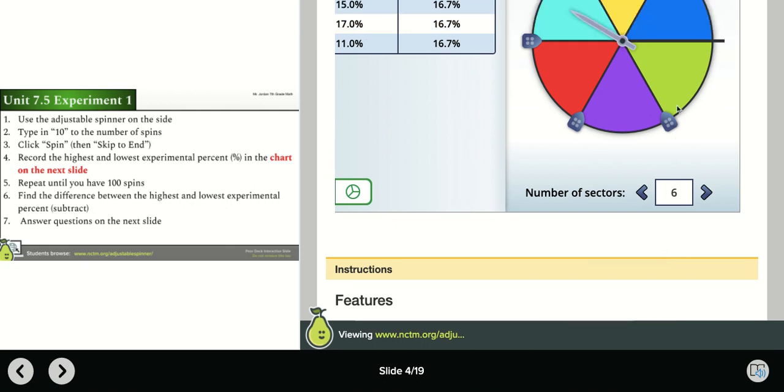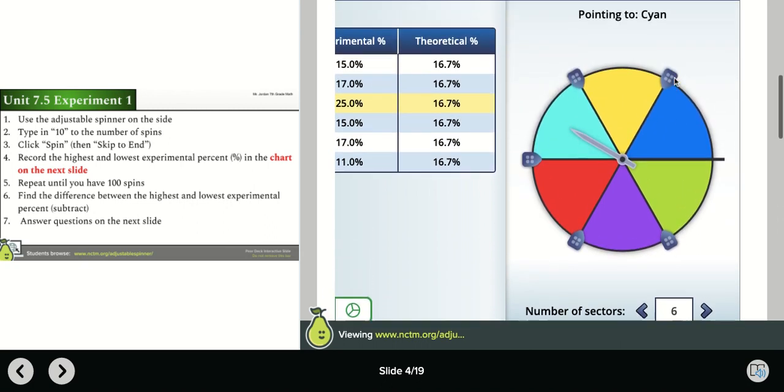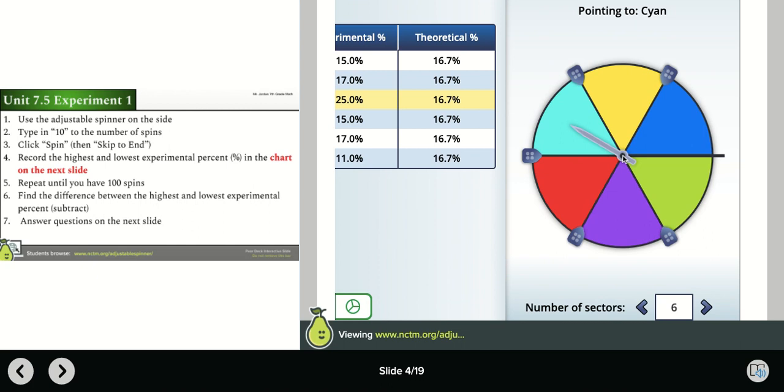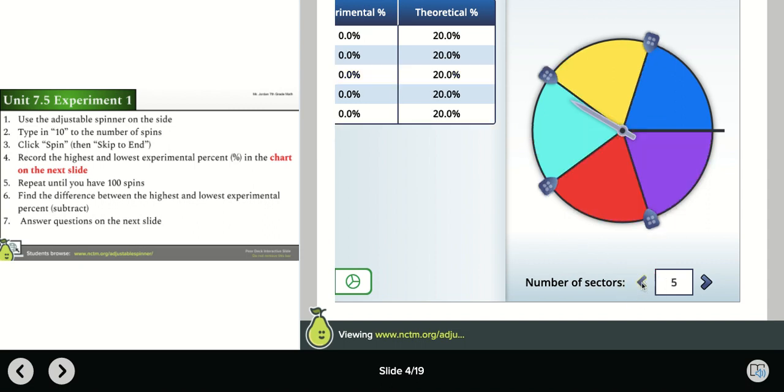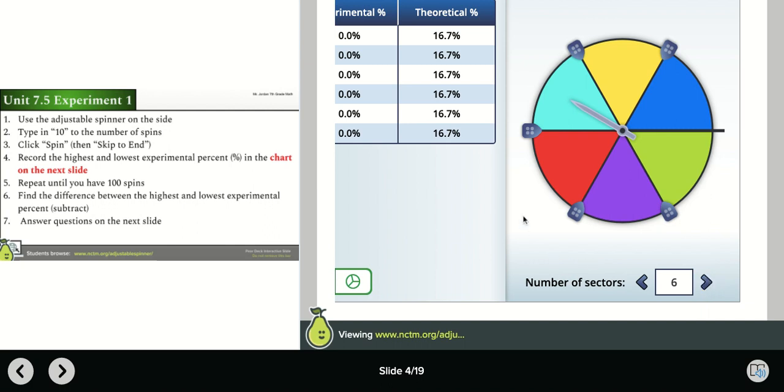If you press it long enough, you'll get down to where you can see the spinner, and it shows number of sectors. For the challenge, you can change this to a different number. But if you're having difficulty with that, you can just keep the 6 sections that it automatically goes to. So for this first experiment, we're having 6 sections.